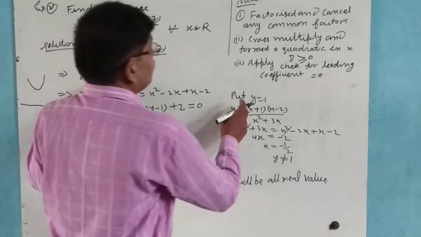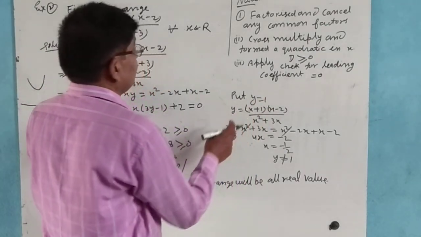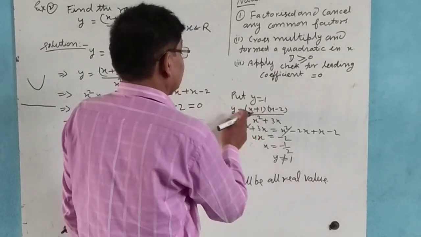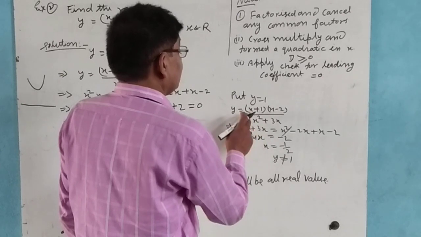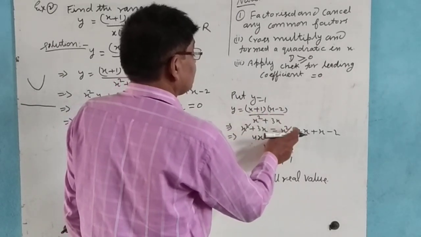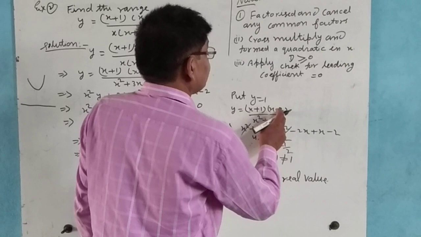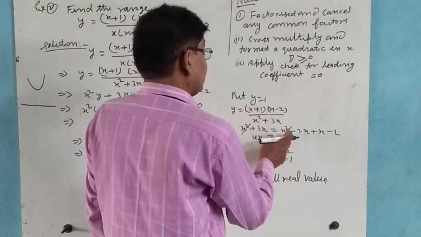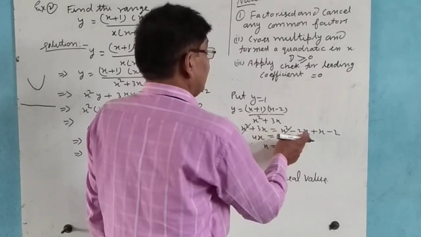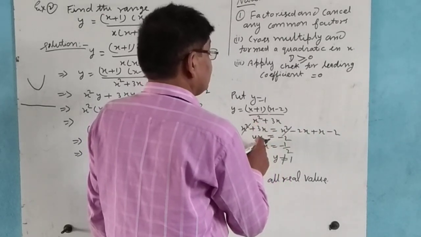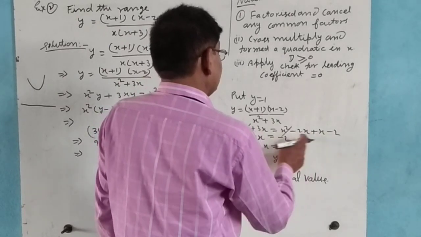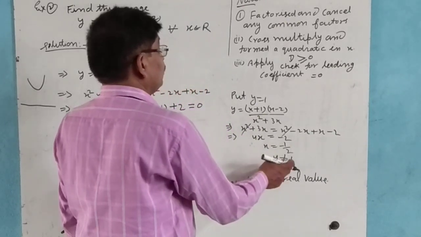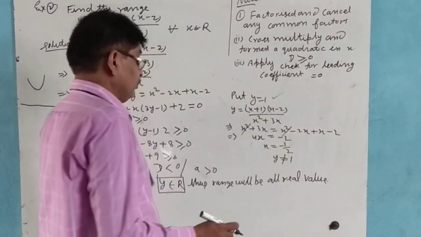Now if you put y equal to 1 in this polynomial, x square plus 3x equals x square minus 2x plus x minus 2. x square cancels, 3x and here minus x, after that 4x equals minus 2, x is equal to minus half, so y does not equal 1, y does not equal 1.